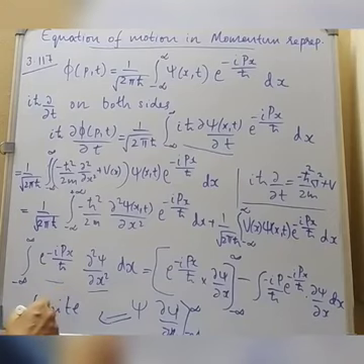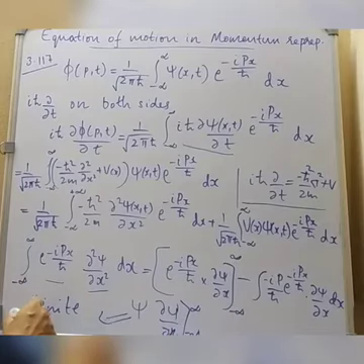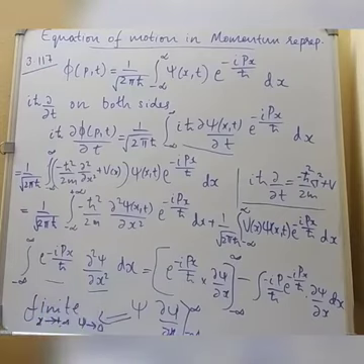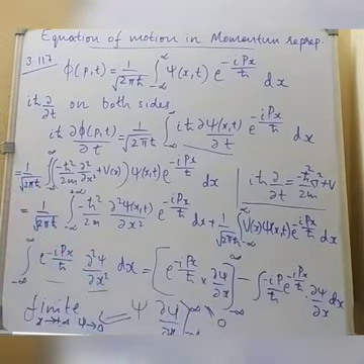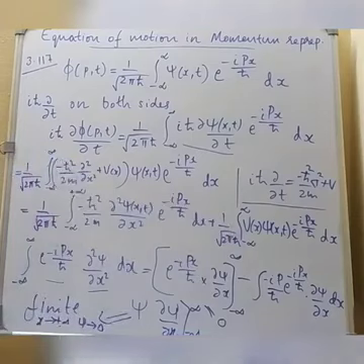That means when the variable x tends to plus or minus infinity, our wave function will be reduced to 0. So we are using that condition, so this term will be cancelled. First term will be 0 when we apply limits. Now we have the second term.